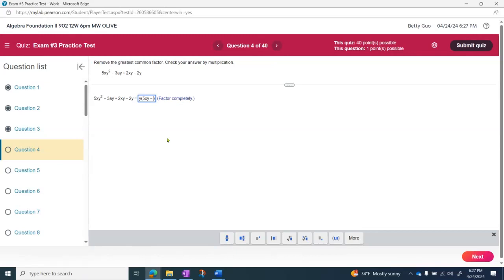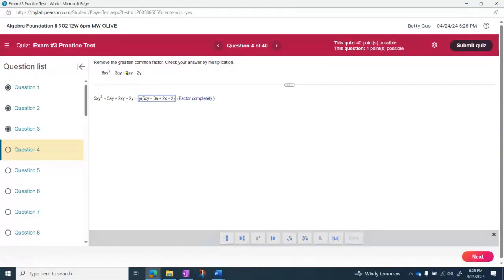Because it has four terms, kind of confusing: 5xy minus 3a plus 2x minus 2.